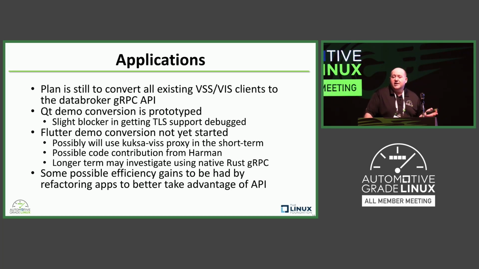The folks at Harman have mentioned that they prototyped some code, and the other option is that Toyota have shown, at least in their Flutter apps, that they are doing things like gRPC in Rust native code, and there are some efficiency gains there because all the multi-threading engine stuff is outside of Dart. So we might end up there, maybe with some help from Toyota.